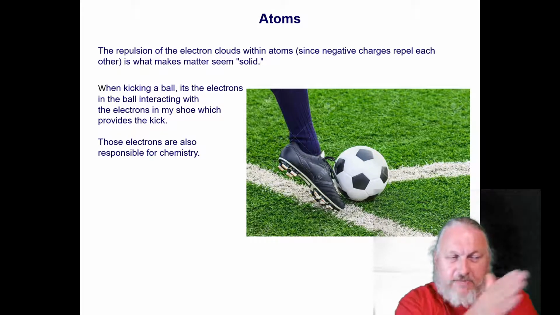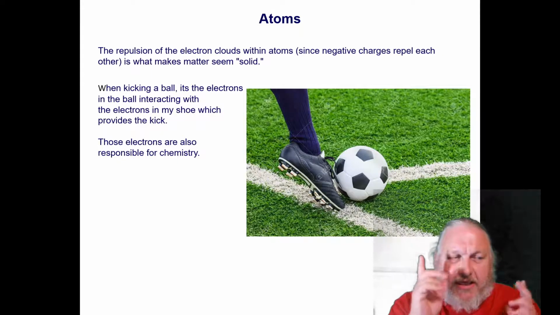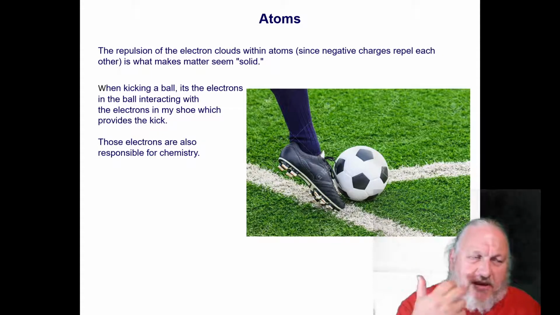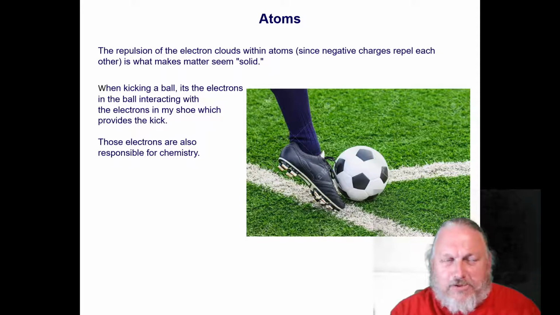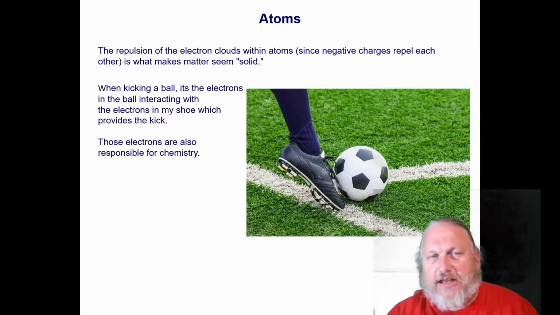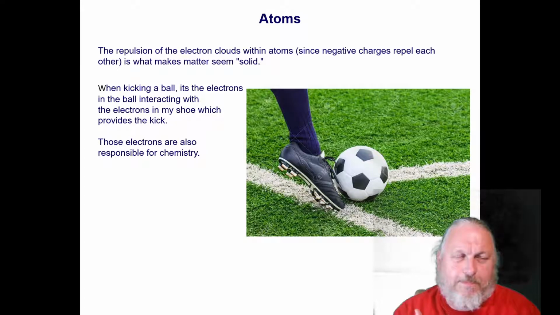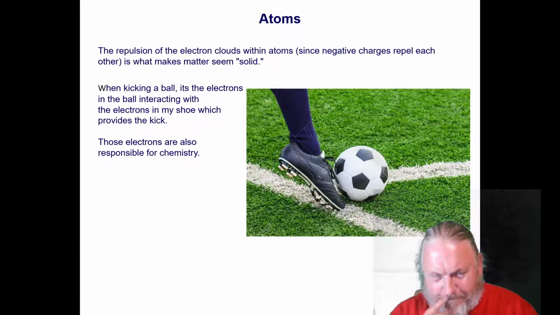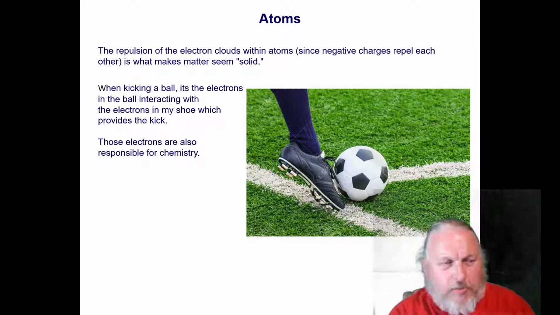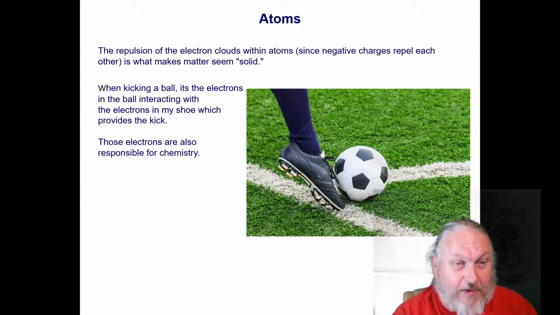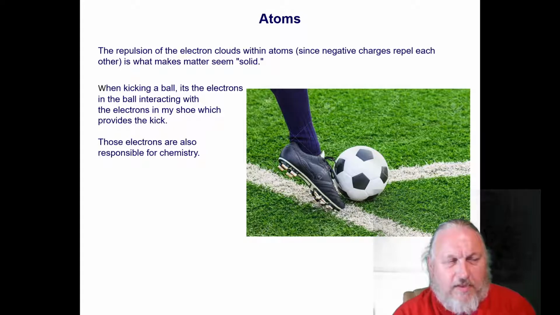But why doesn't my hand go in between each other? It's because of these electrostatic repulsions of the electrons in the atom. They're called Coulombic repulsions, and we'll go over those a lot over the next several months. And so, these electrons are responsible for the chemistry of these atoms.